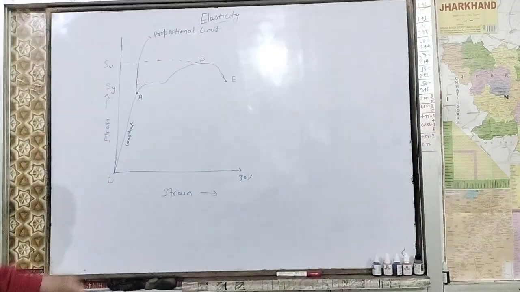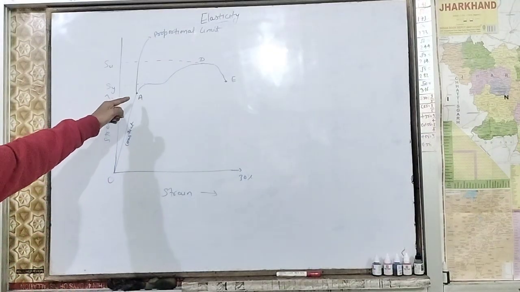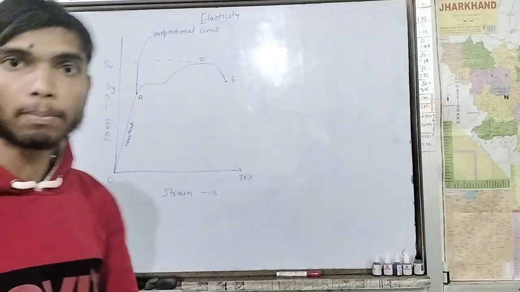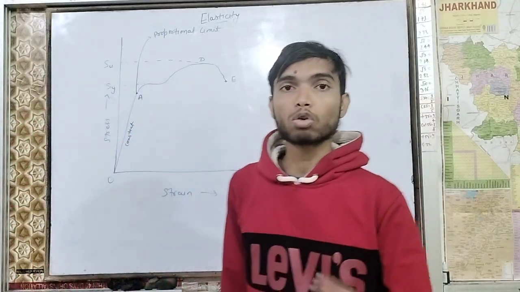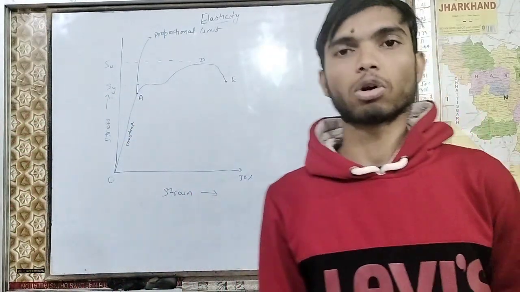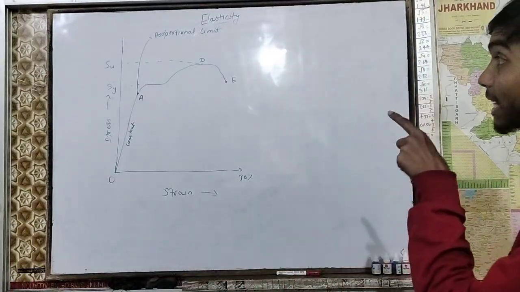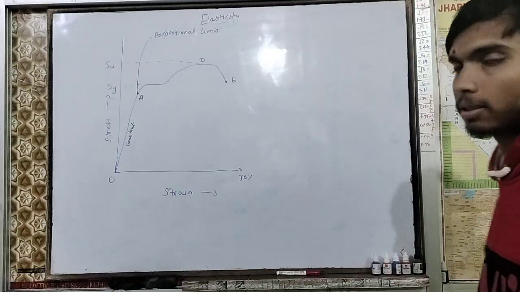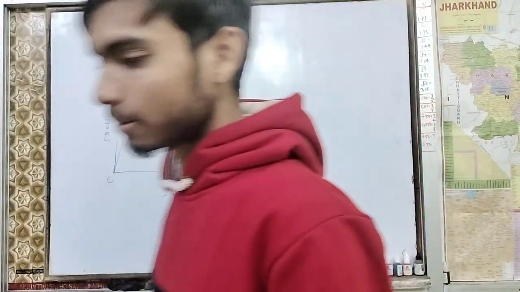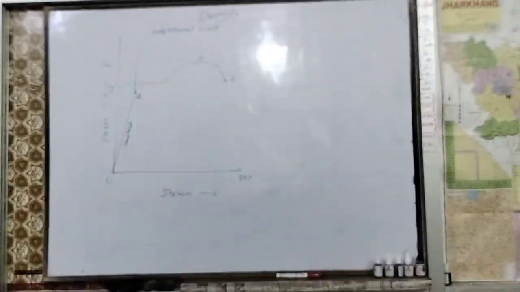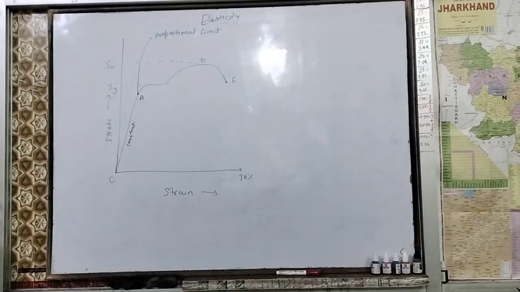If you go beyond A, what will happen? You will see that it is not following Hooke's law, because beyond A it is not straight, or you can say it is not constant.